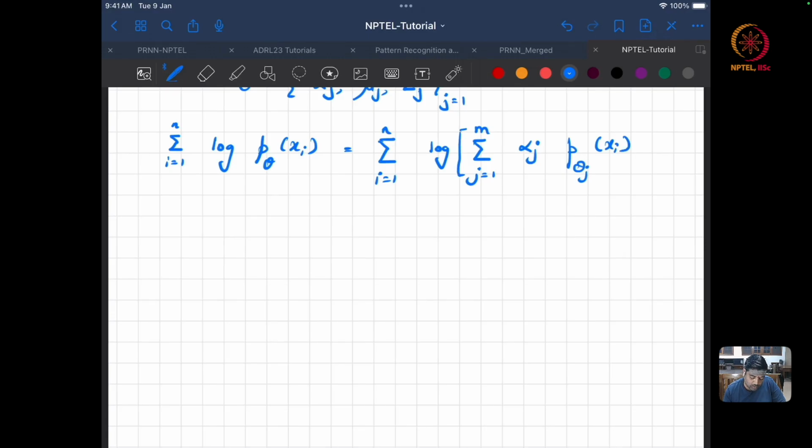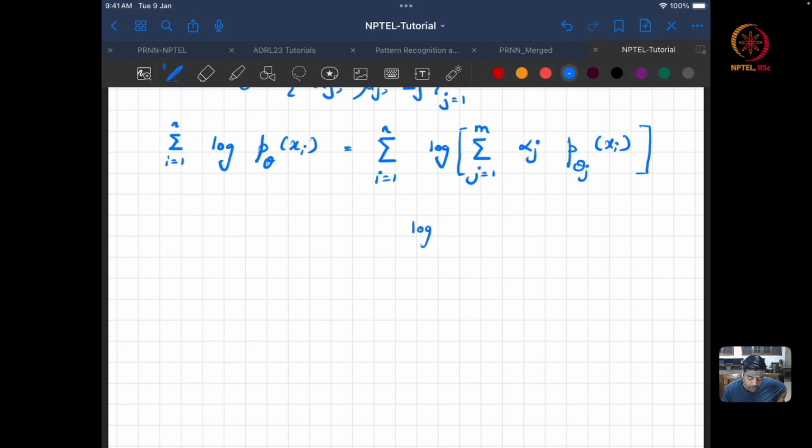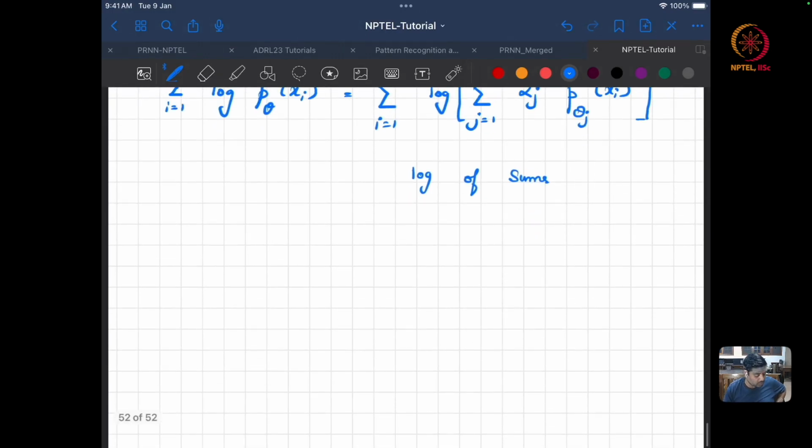Normally in the ML estimate, we directly differentiate with respect to the parameter and equate it to 0 to obtain the equations. But now this is a log of sums, so we cannot go ahead with that procedure.